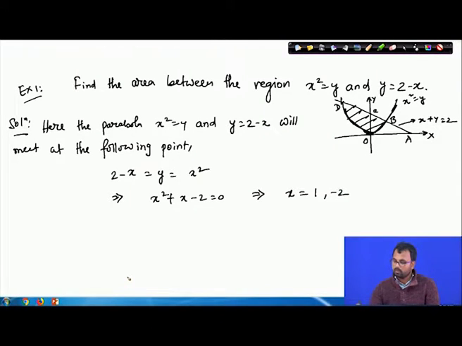All right, so I have minus 2 here, and I have 1 here.